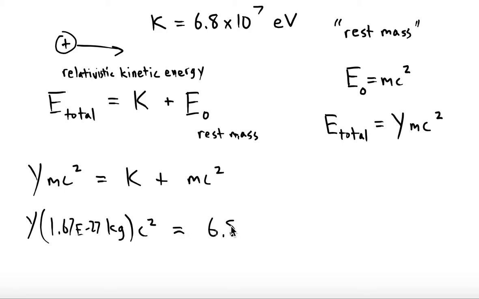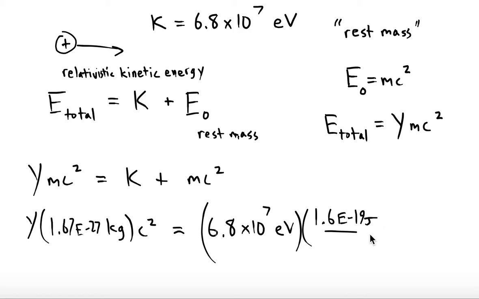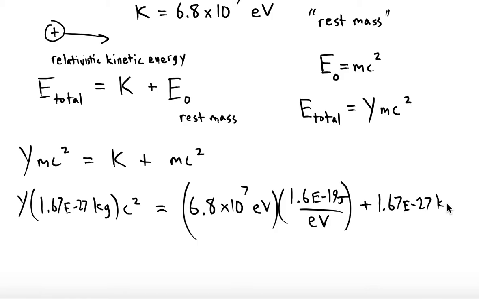We'll do 6.8 times 10 to the 7 eV times the conversion of 1.6 times 10 to the minus 19 joules per electron volt. And then plus the mass of that proton, and then c squared. What I want to do now is just solve for gamma.